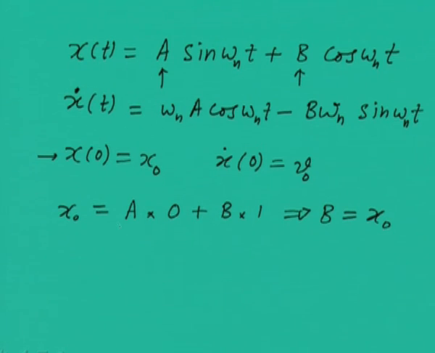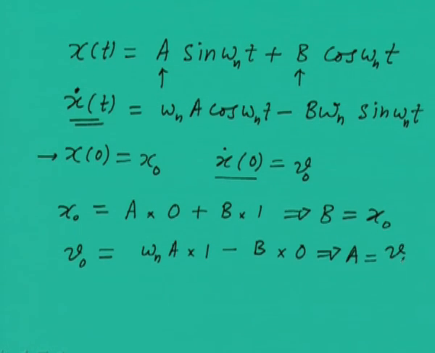Then if we substitute in the second equation, we will get v naught is equal to omega n A times 1 minus B times sine 0, which is 0. So from here we can get A as v naught by omega n.